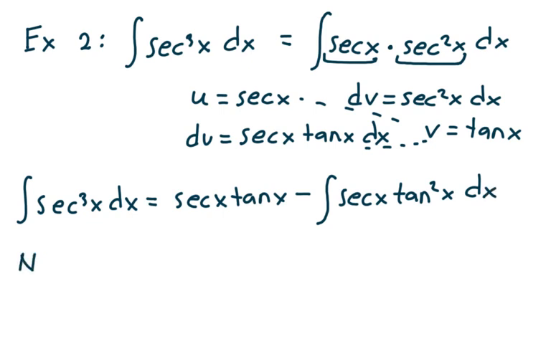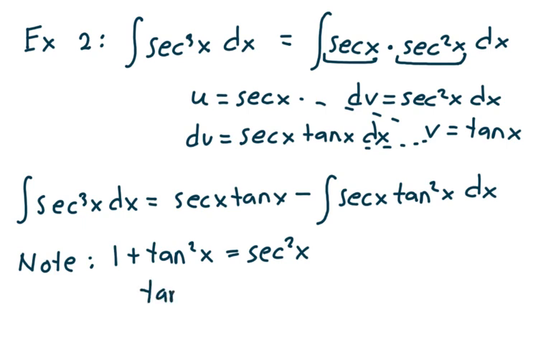Now, let's make a note here. 1 plus tangent squared x is equal to secant squared x, right? So tangent squared x is equal to secant squared x minus 1.